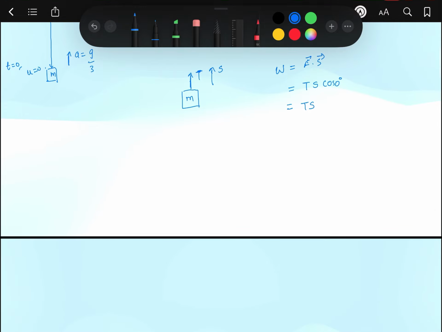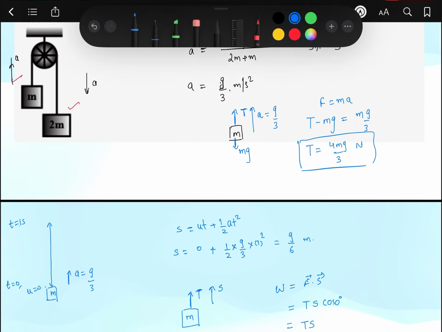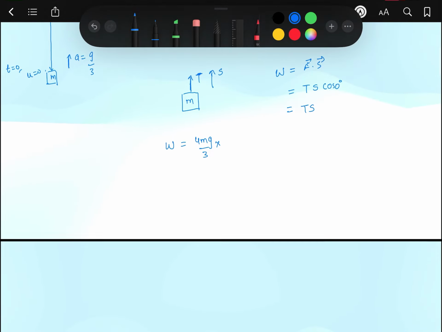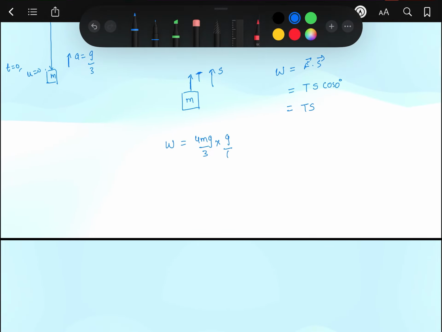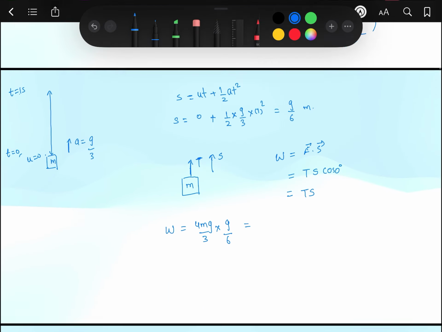So here I have to substitute the values of tension and displacement. Work done will be equal to the tension 4 mg by 3, as we have calculated earlier, multiplied by the displacement g by 6. Now I can substitute all the values here. The value of m is 0.36 kg.